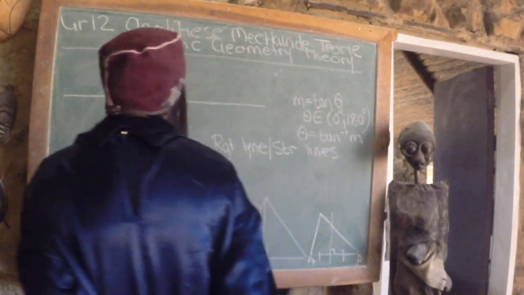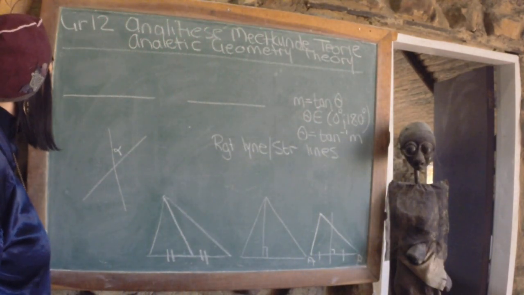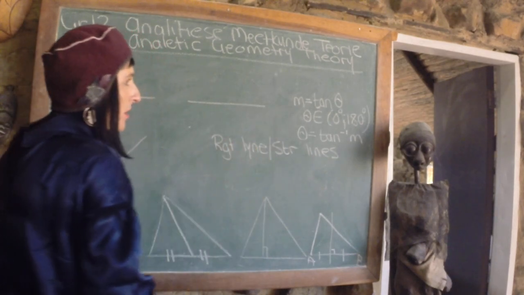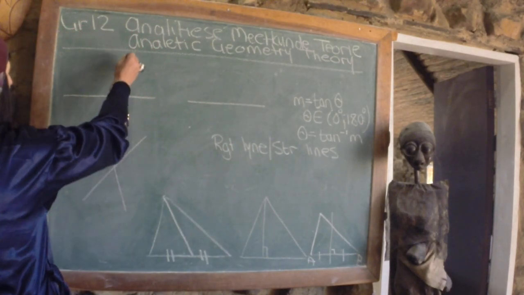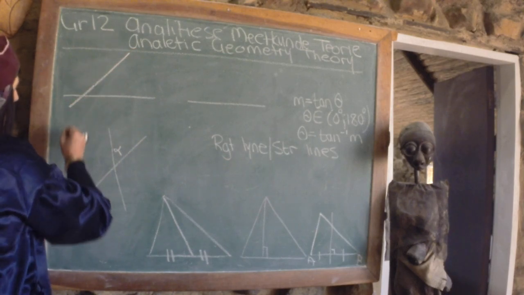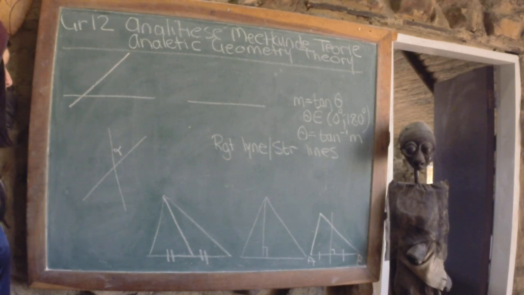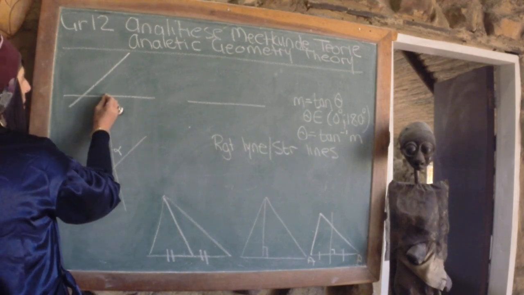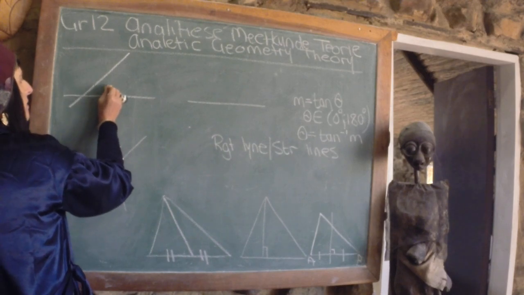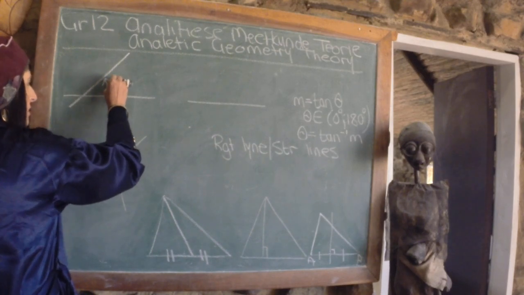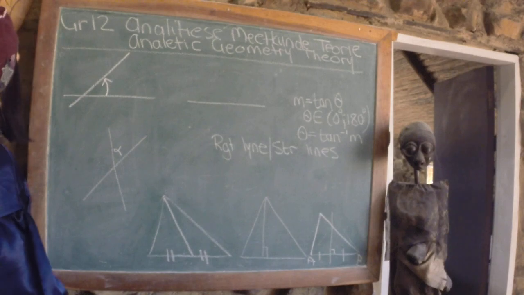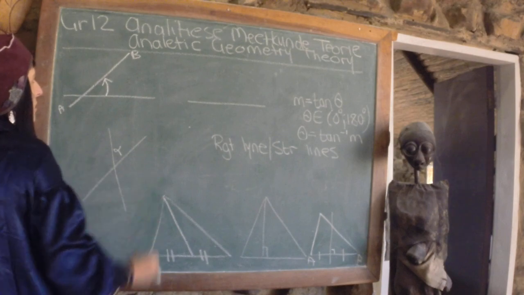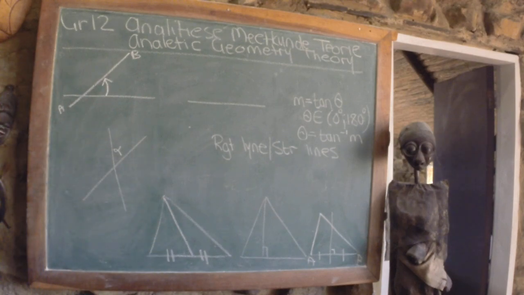If you go to your angle of inclination, this is a horizontal line. That's also a horizontal line. When you've got an ascending line like that one, and you measure the angle from the horizontal in an anti-clockwise direction to that line AB, then that's the inclination angle of line AB.